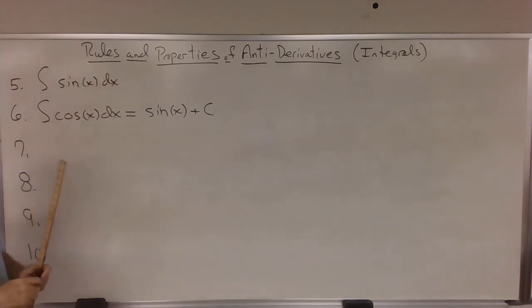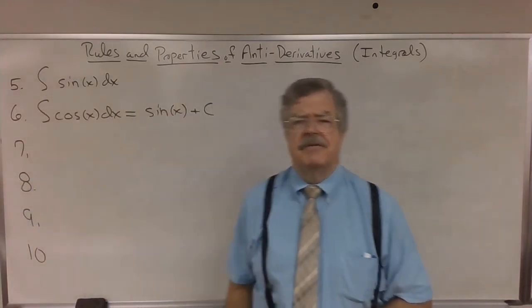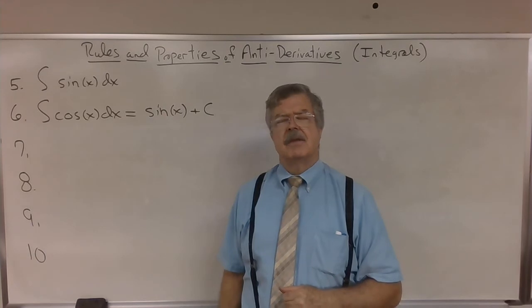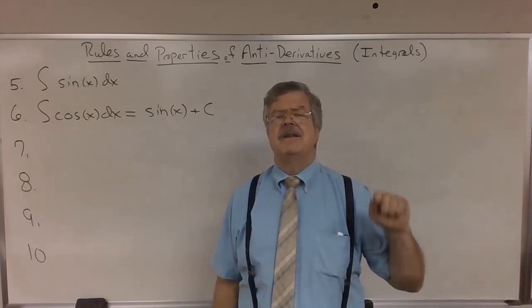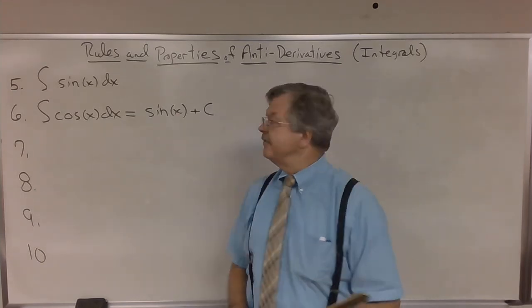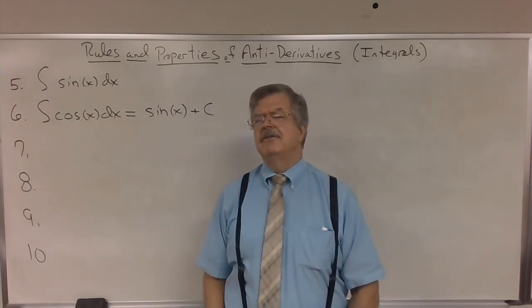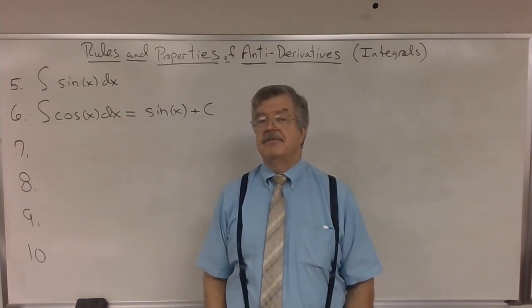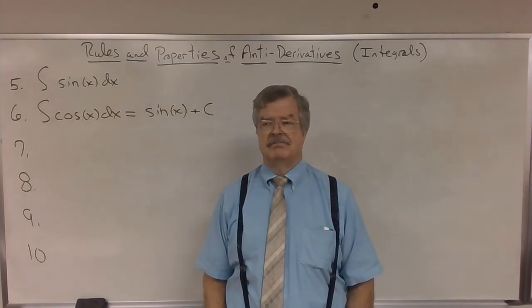I'll say, what do we get when we compute the derivative of cosine of x? Well, we get negative sine of x. And then I'll say, okay, so what function do you think we should compute the derivative of to get positive sine of x?